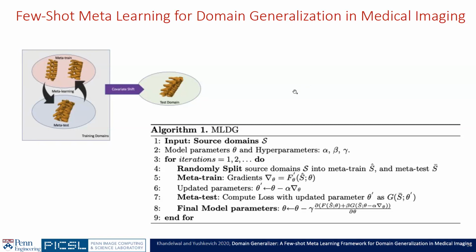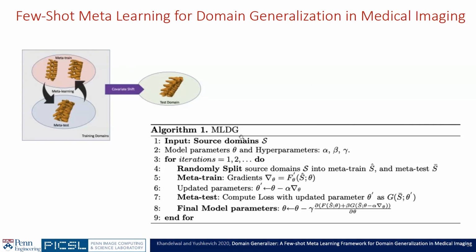So what is the idea of meta-learning? It's making the network learn implicit priors so that it is able to generalize to different modalities or different kinds of settings, right?